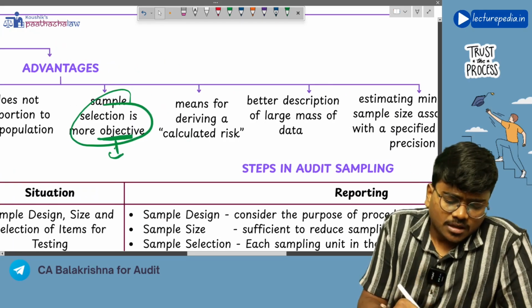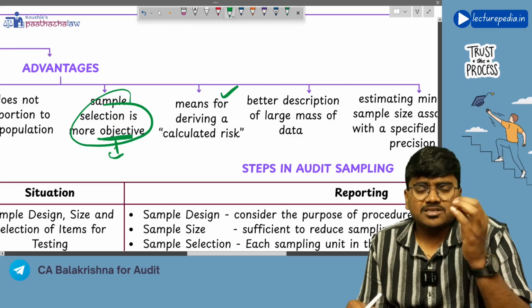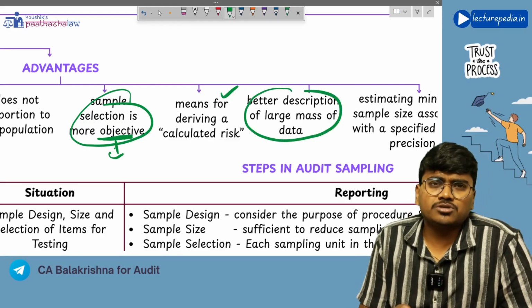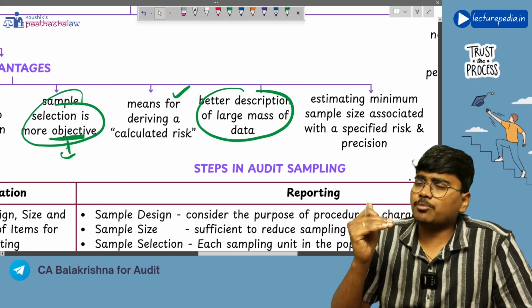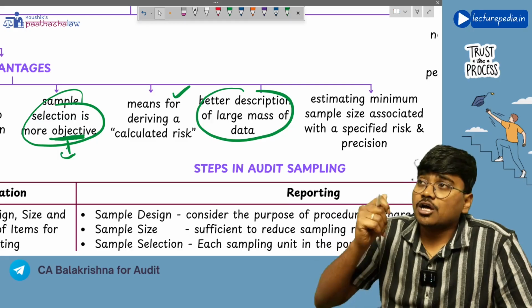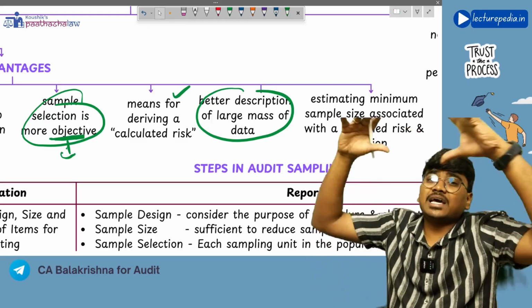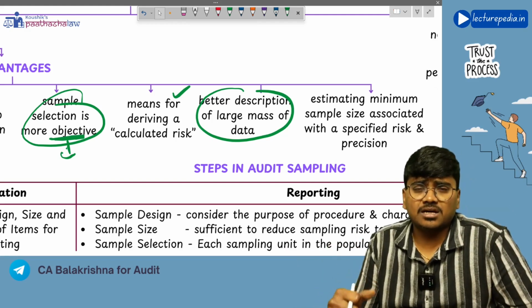Next, it is the means for deriving a calculated risk. You can take a calculated risk with the help of sampling. Next, better description of large mass of data. The sampling that you have performed with statistical sampling will provide you a better description, a good idea of the entire population, than non-statistical sampling.